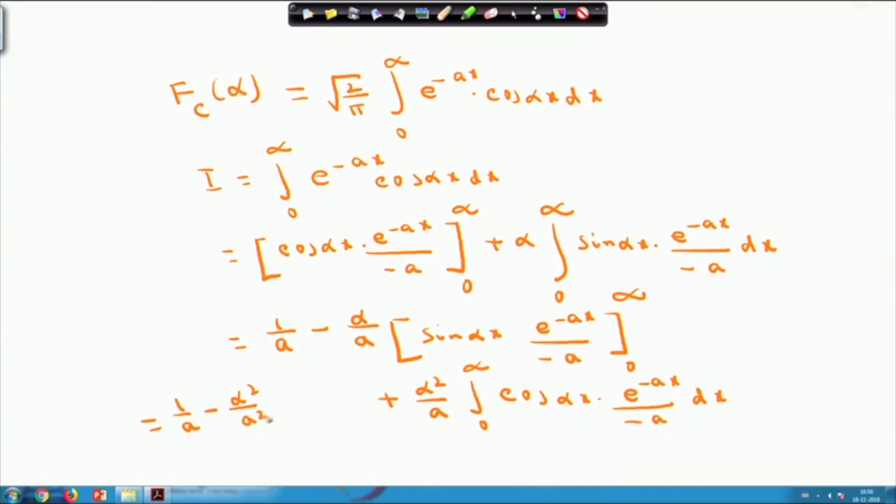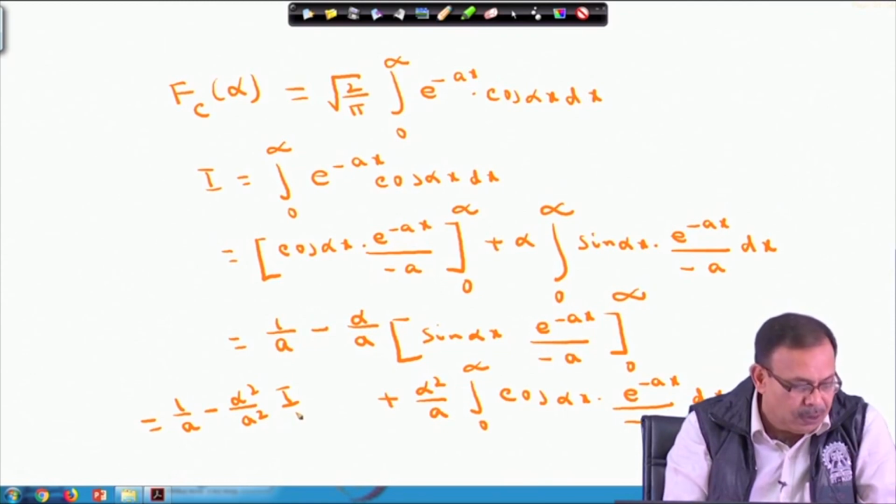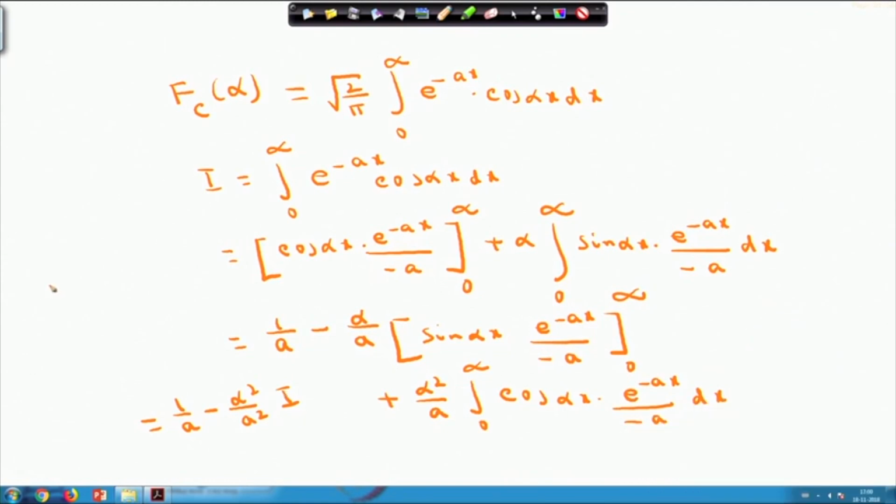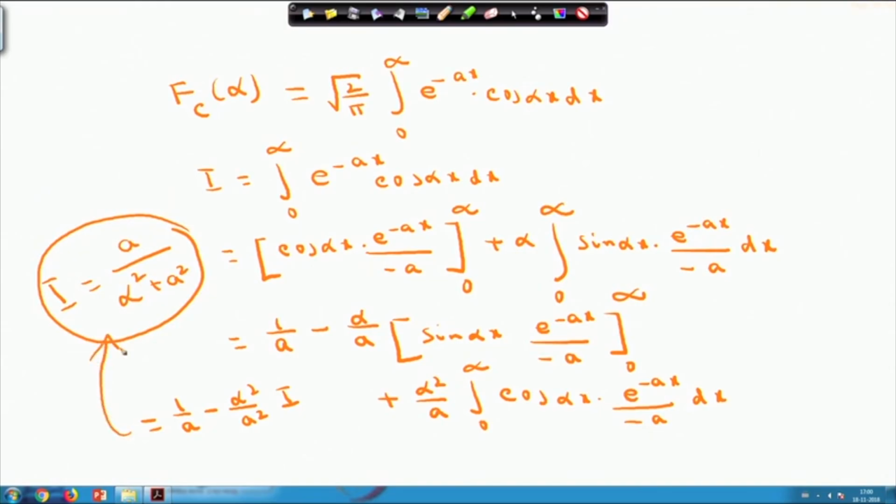So, I am getting I equals 1 by a minus alpha square by a square into I, and from here you can find out I will be equal to a by alpha square plus a square.